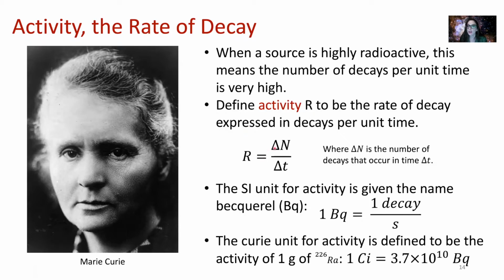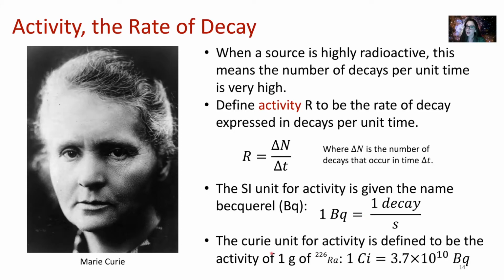So R is equal to delta N over delta t. Delta N is the number of decays that occur per unit time, or per length of time. The SI unit for activity is given the name becquerel after Henri Becquerel. 1 becquerel is equal to 1 decay per second.